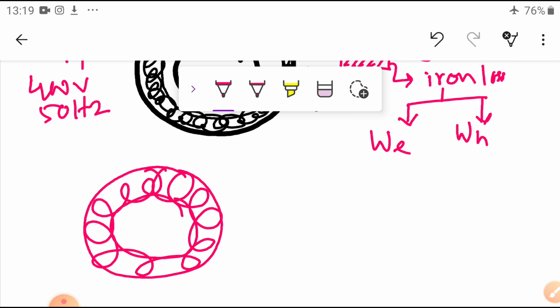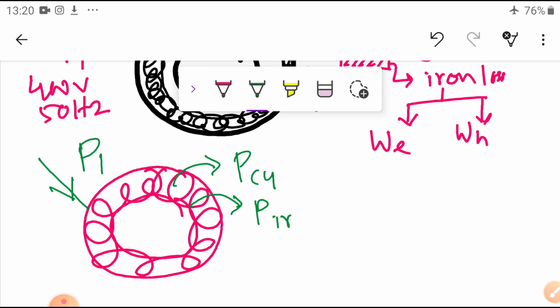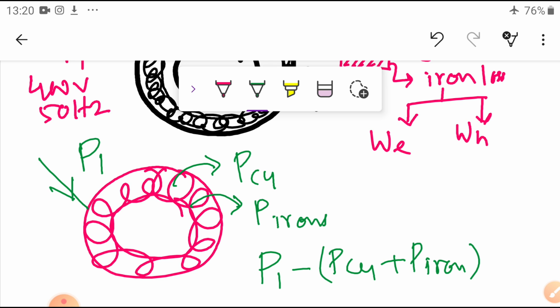Here you have taken the P1. Here it is wasted in the form of P copper loss of the stator and P iron losses. So P1 minus (P copper losses plus P iron losses) is equal to P2, the output.